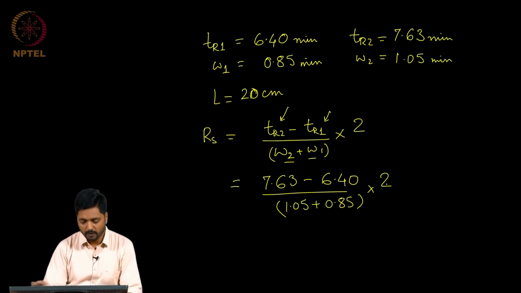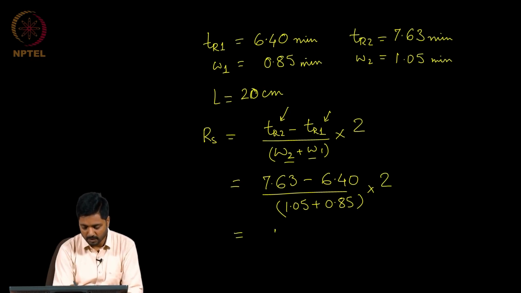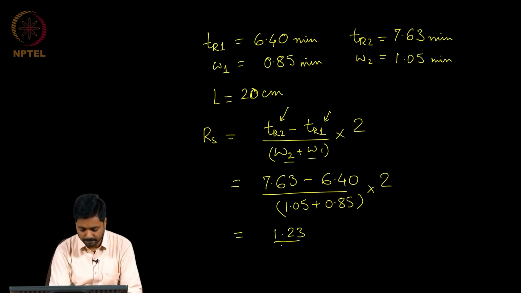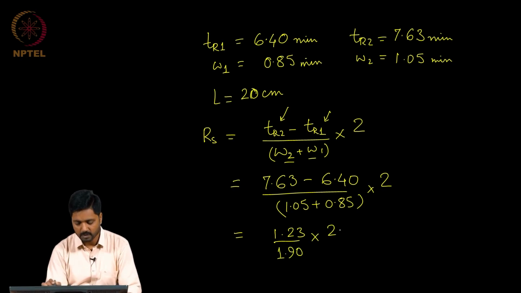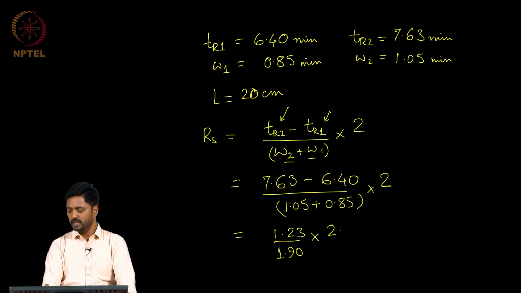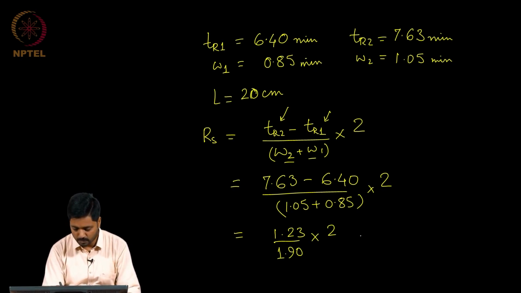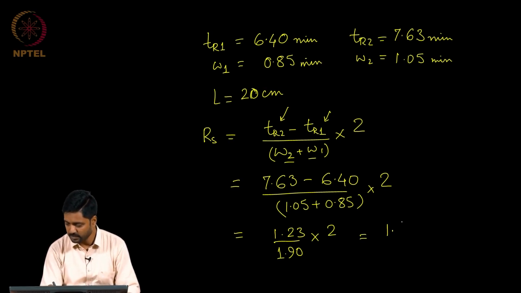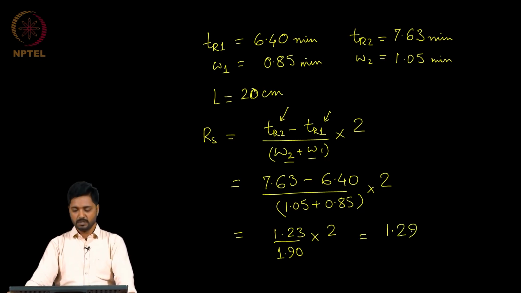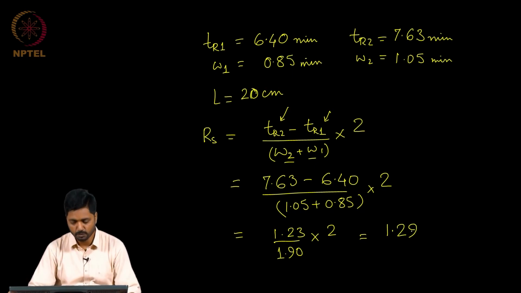When we solve this out, this turns out to be 1.23 divided by 1.90, into 2, and this finally solves out to be a resolution of 1.29. So, this is the resolution between the two peaks.